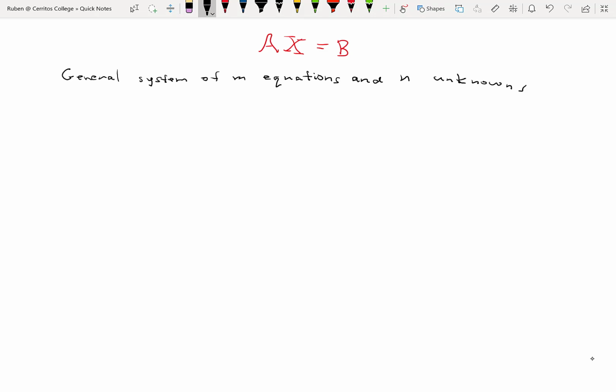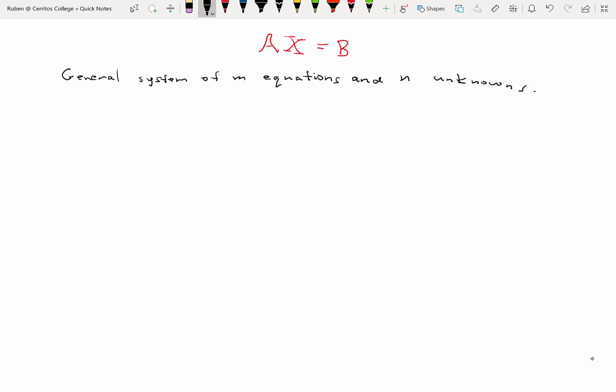So let's assume that there are n unknowns. They're not x, y, z, etc. We kind of quickly run out of letters. They're x1, x2, x3, all the way up to x sub n.